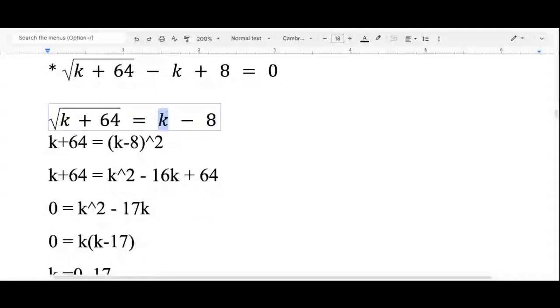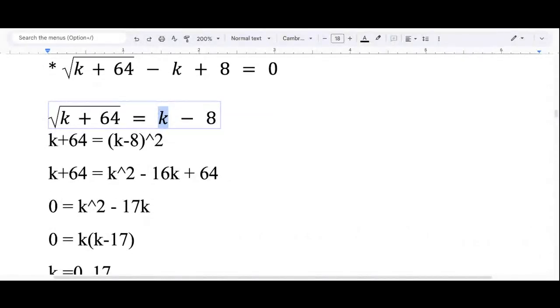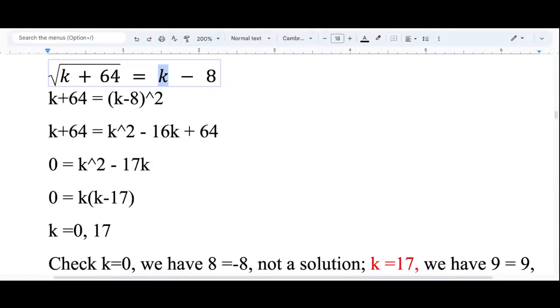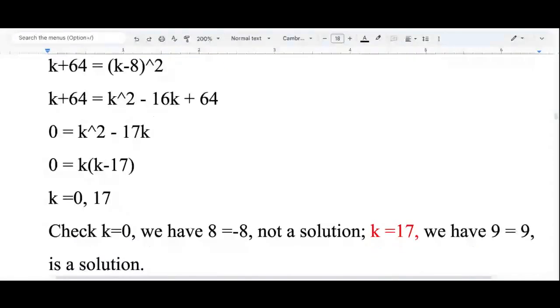So I always need to go back to check, especially when we have 2 solutions. Almost guaranteed, one of them is the extraneous solution when we do square root, fourth root, sixth root, like that, when the index is an even number.